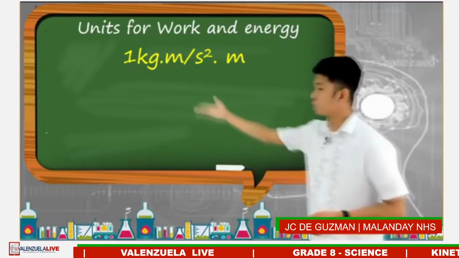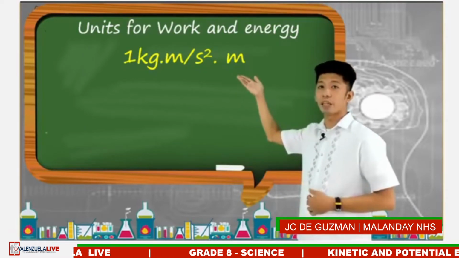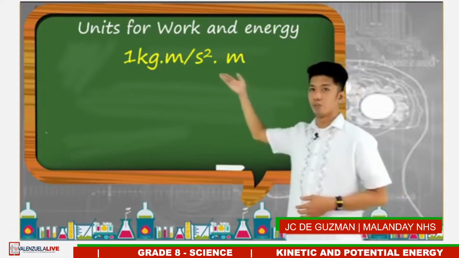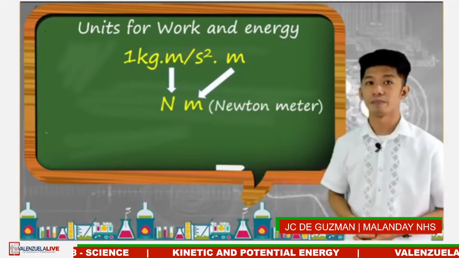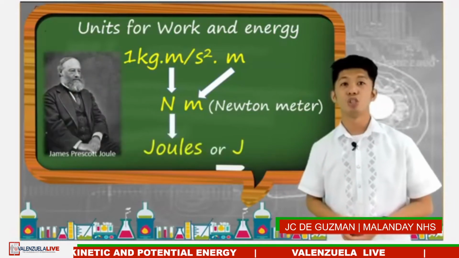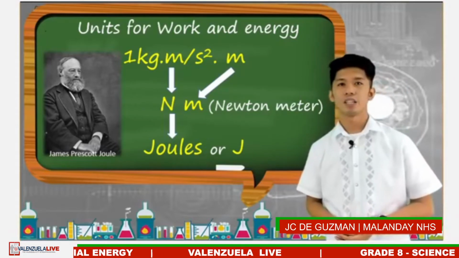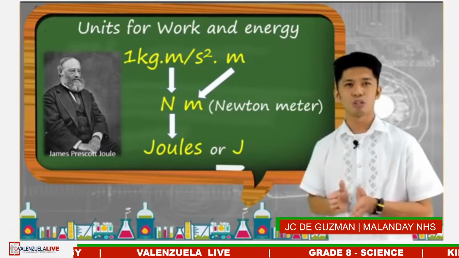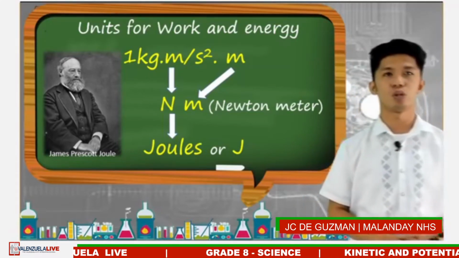The force multiplied by the distance, which is represented by the unit meter, combined is what we call the Newton meter. It can also be called joules, represented by the symbol letter J. The joule was named after James Prescott Joule.